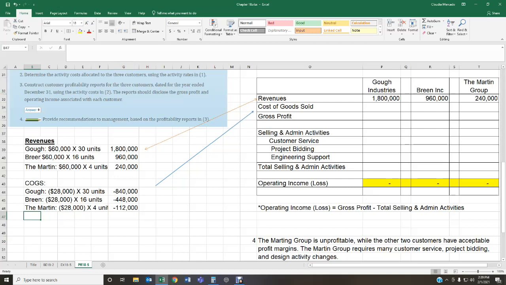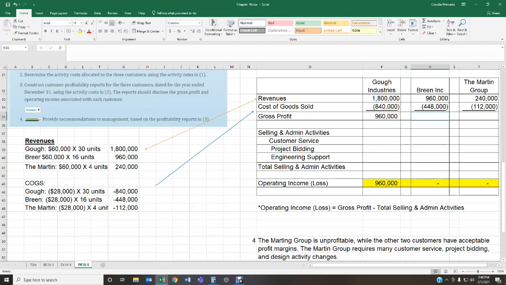These numbers are going to go into your cost of goods sold. So your cost of goods sold for Go is 840, for Bryn is 448, and for the Martin Group, it's 112,000. Now I've got my revenues and my cost of goods sold, I can calculate my gross profit. Your gross profit is going to be your revenues minus your cost of goods sold.